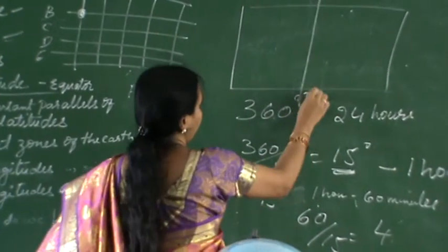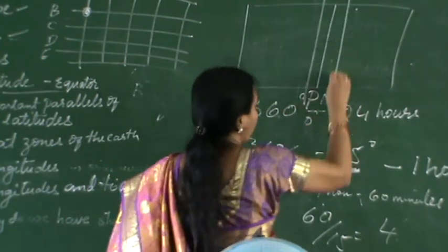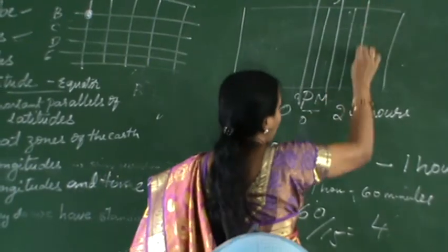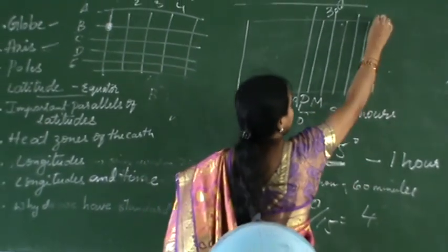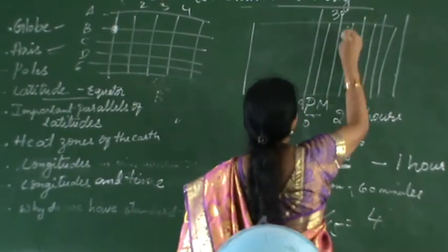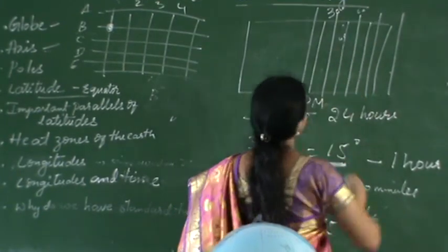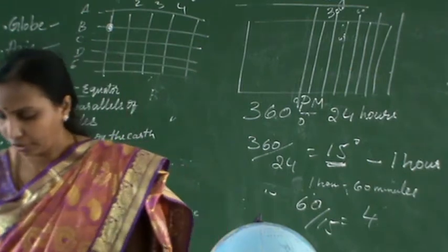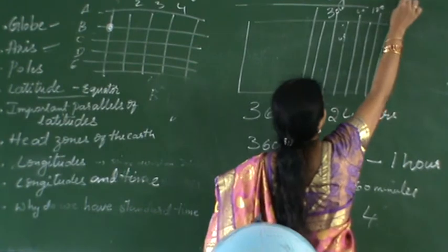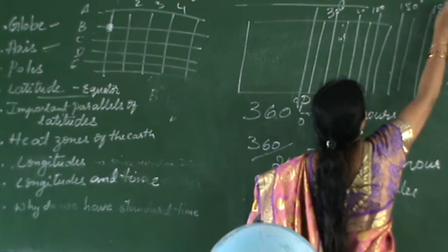This is the prime meridian, 0 degree. This is 15, I have skipped the 15. I have taken 30 degrees. And this is the 180 degrees.